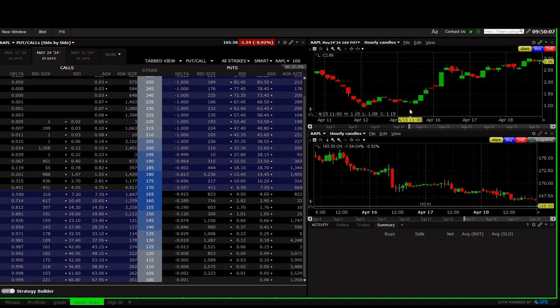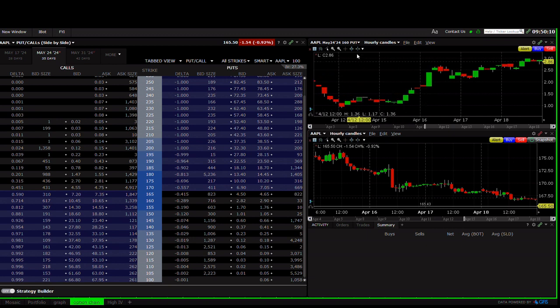Now if you look at the put option for this specific strike of 160, you see 160 here, the option price has gone up. On April 16th the option price was around 180, yeah, the option was 180.